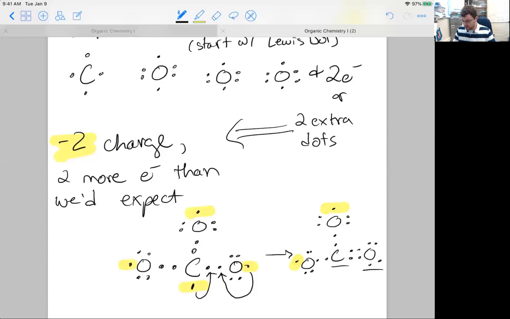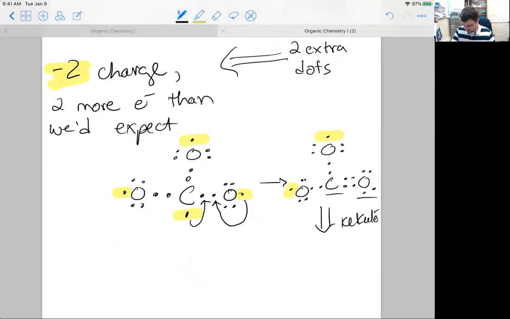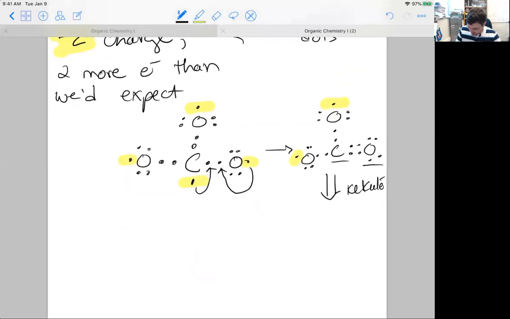I'm just going to clean this up. It's going to start being a little bit easier to see what's going on if we reduce the number of dots a little and make our lone dots bigger.